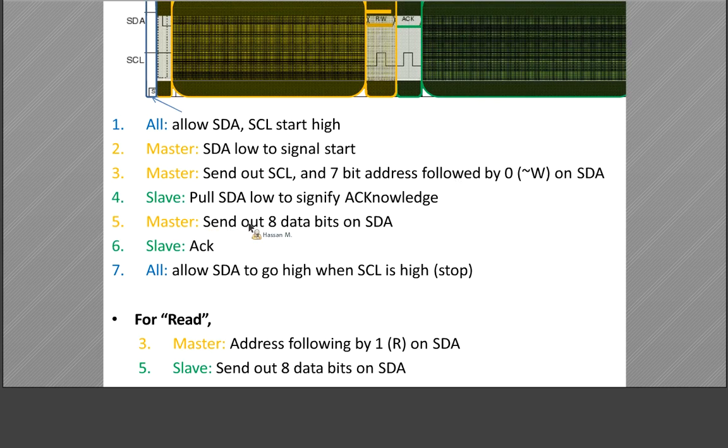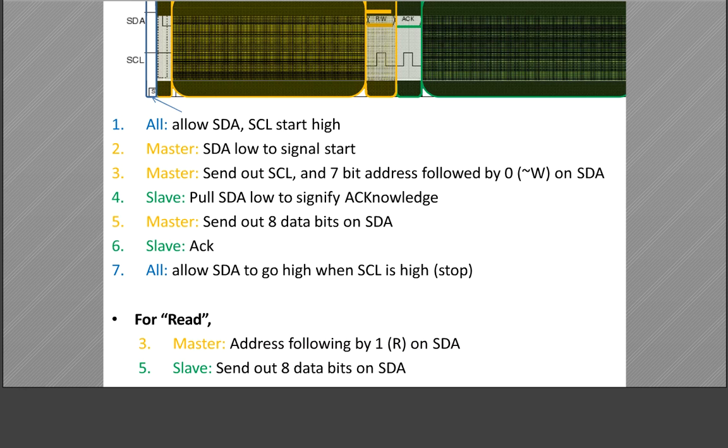Then the master sends out 8 bits of data on the serial data line. After getting an acknowledge from the slave, we as master send 8 bits of data from MSB to LSB over the SDA.